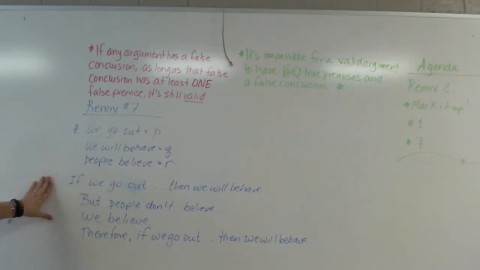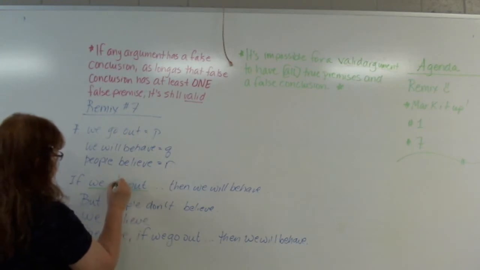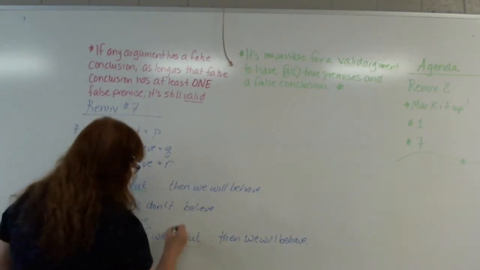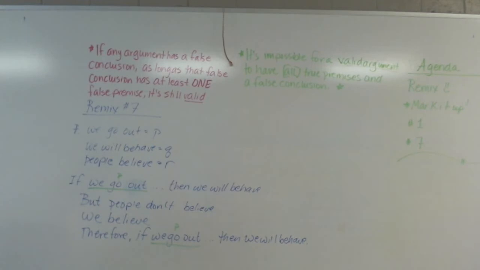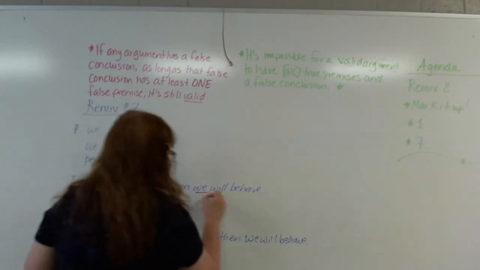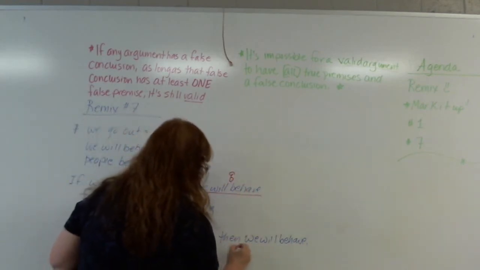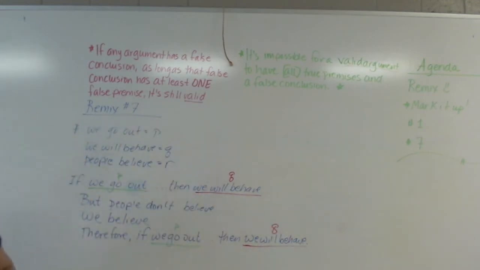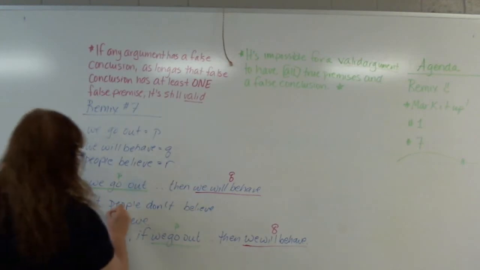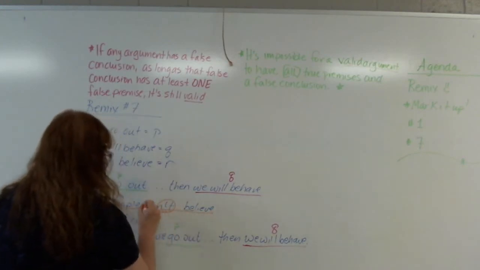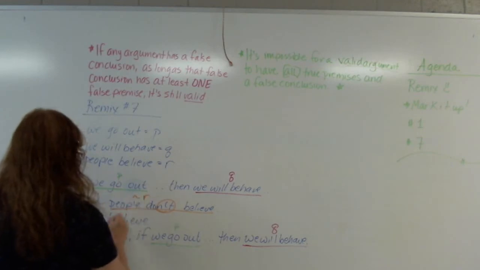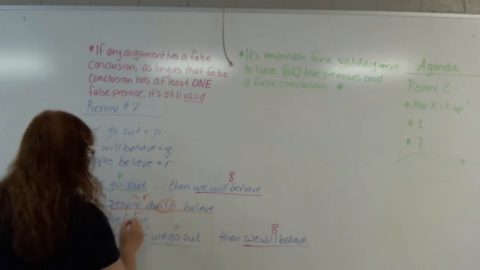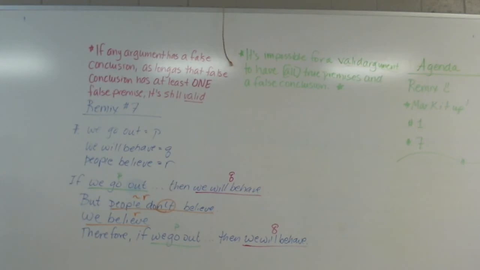So if I'm looking at my piece of paper, I go through and I do a few things. I mark first my P's and Q's and R's, and I check my nots.